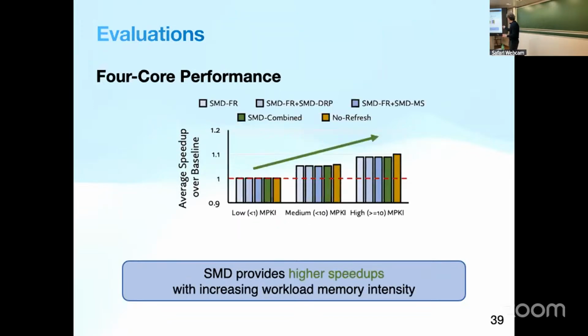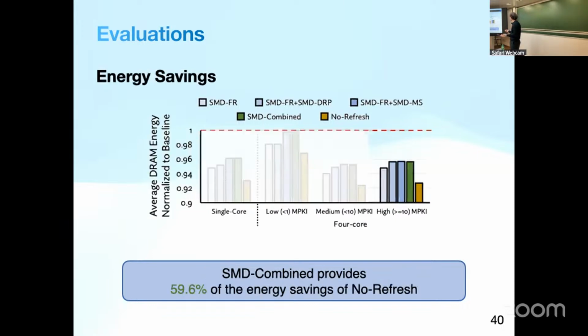We see something similar in the 4-core performance. SMD provides higher speedups with increasing workload of the memory intensity. And we can see that on high workloads, this reaches almost 10% speed up. And again, is very close to our theoretical maximum.